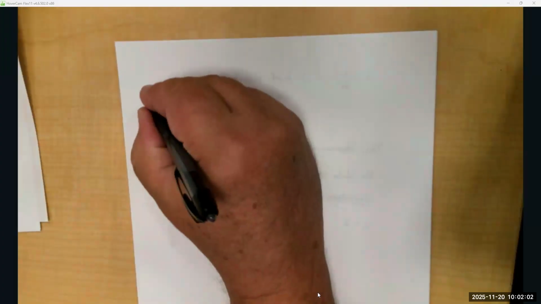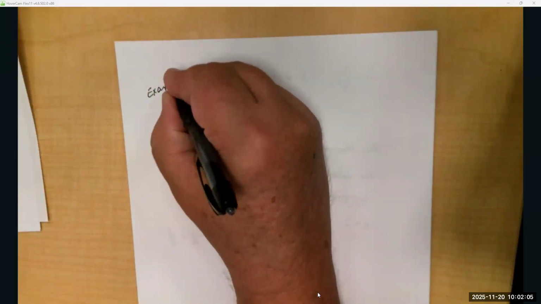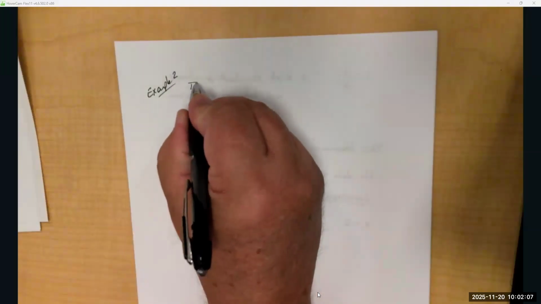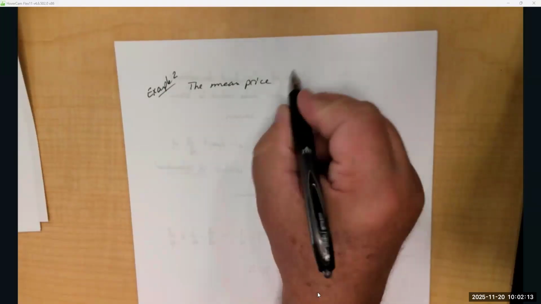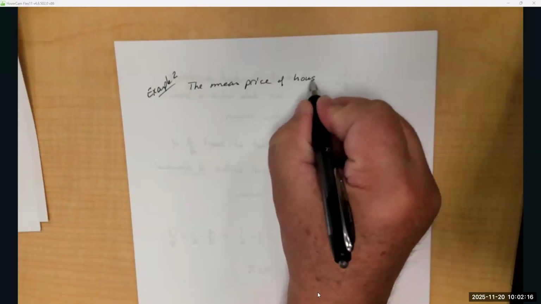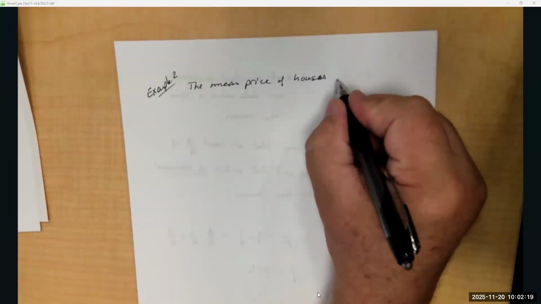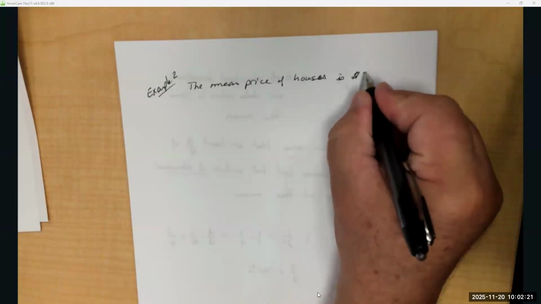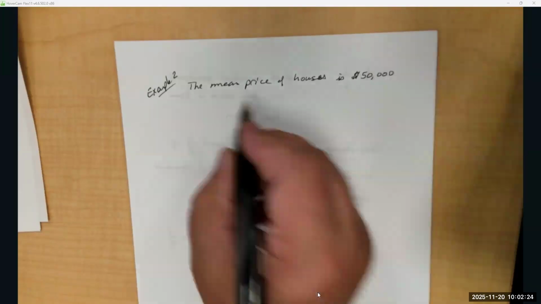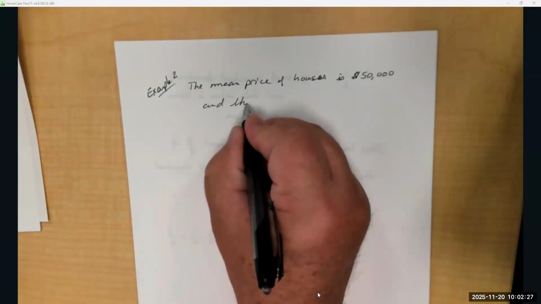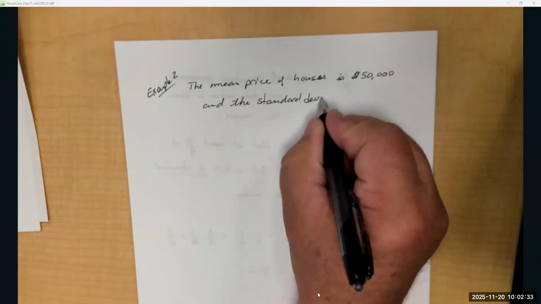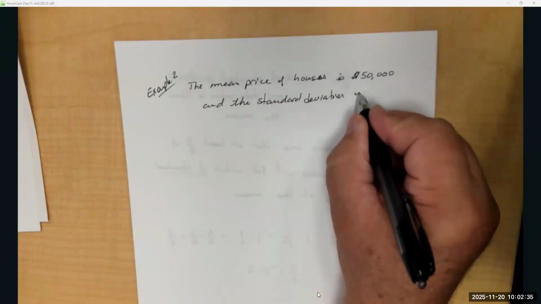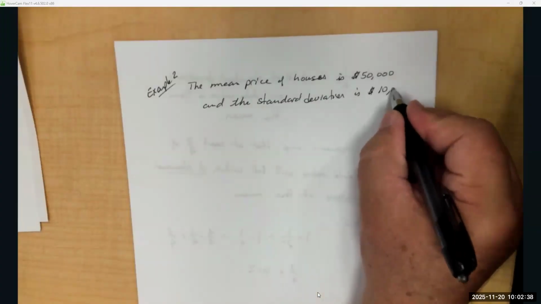All right, so let's look at an example of Chebyshev's theorem. The mean price of houses is $50,000, and the standard deviation is $10,000.